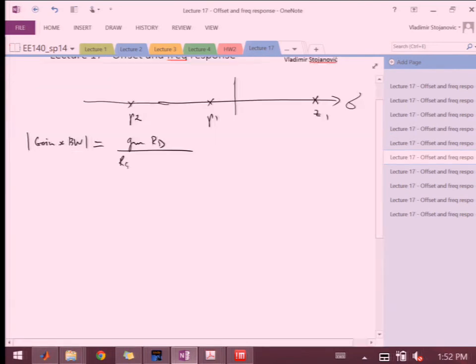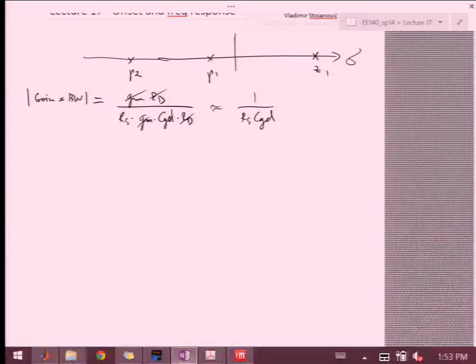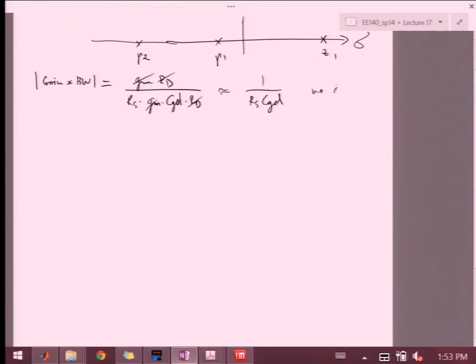So we'll get RS times gm times CGD times RD. So gm RD is all going to cancel out, and then we have something that is just proportional to RS CGD. So you see, there's no dependence on RD.